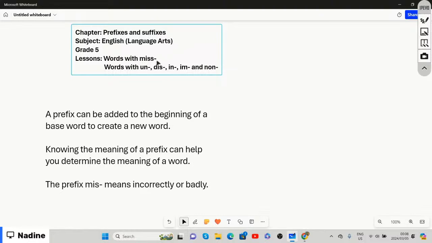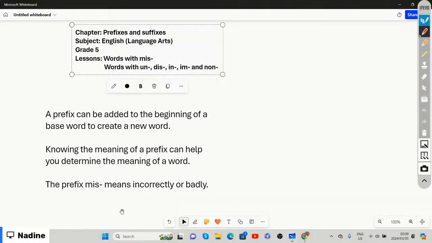All right, the prefix miss means incorrectly or badly.